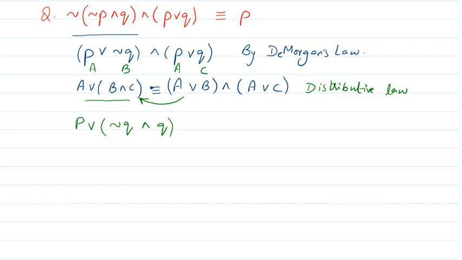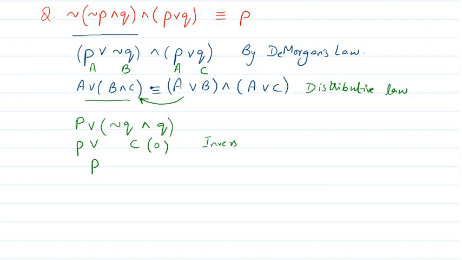What inverse law came? That not of Q ANDed with Q is going to result in a contradiction. P ORed with a contradiction, that is 0, and anything ORed with 0, by applying the identity law, we are going to have P here. So what I have applied here is the distributive law, and here comes the inverse law.